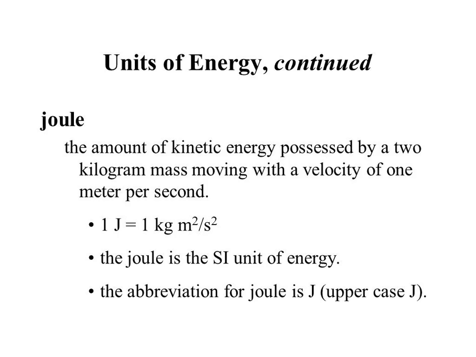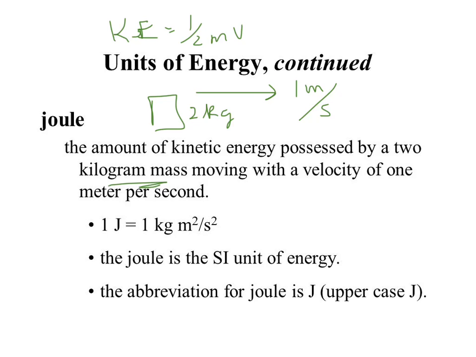So basically, here the mass is a 2 kilogram object, and it is moving with a speed of 1 meter per second. So if we say that KE, kinetic energy, is equal to 1/2 mv squared, that is equal to 1/2 times 2 kilograms times 1 meter per 1 second quantity squared.